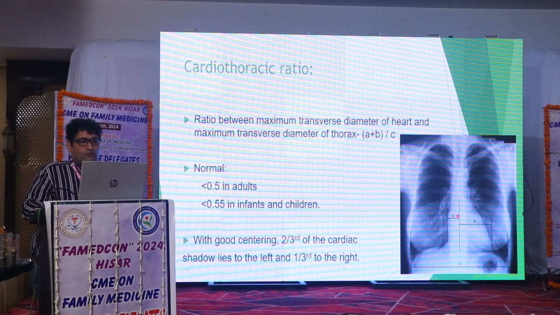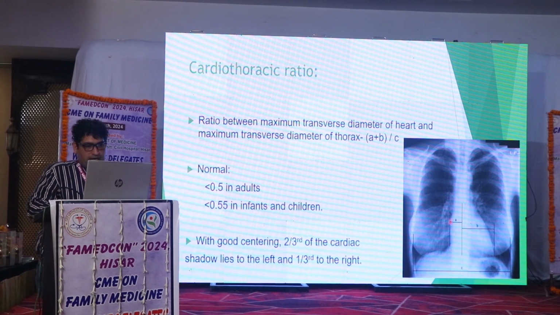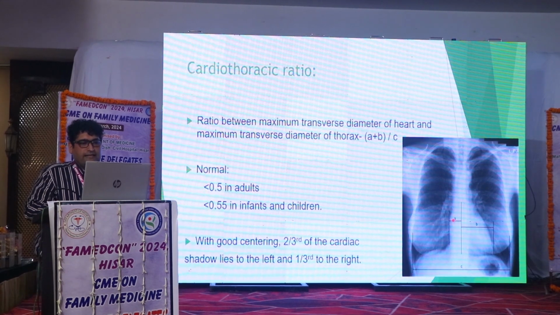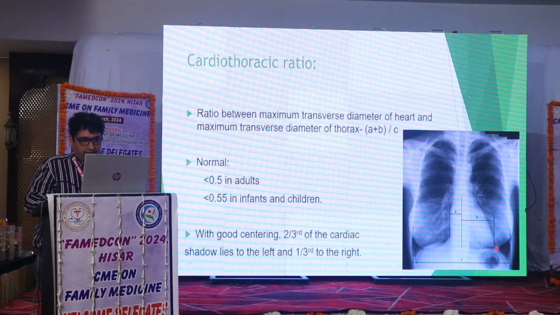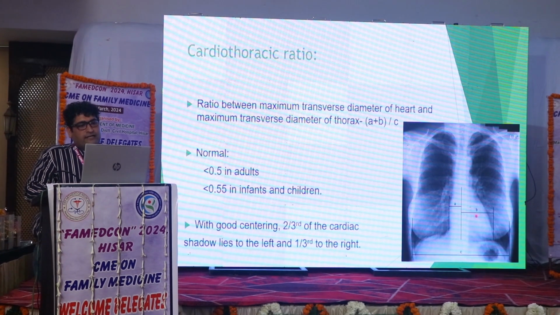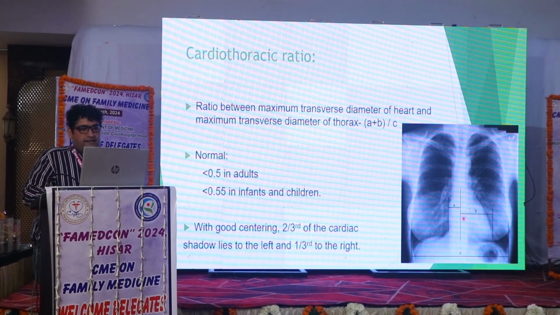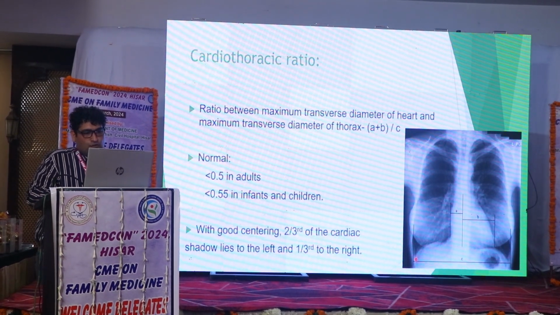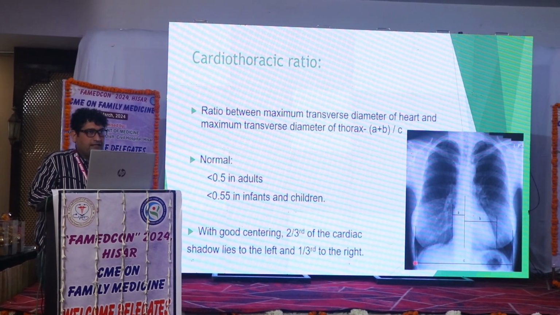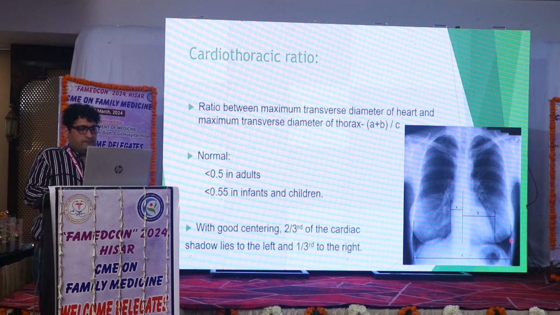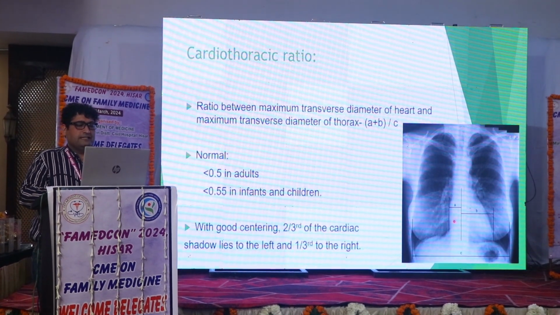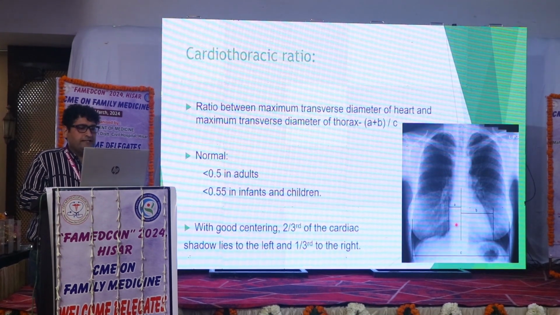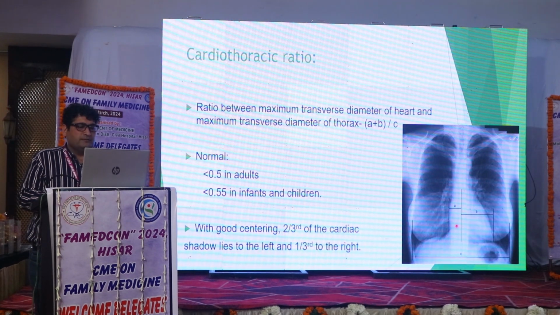From the midline, whatever is the extreme right heart border of the patient, you have to calculate this length and consider it as A, as well as the left heart border, whatever is the maximum distance, you calculate as B. So just combine them, A plus B, and divide by the total of these two lines. So what are these two lines? These are the costophrenic angles, the last costophrenic angles, sharp on the right. So you have to calculate these two lines and divide. So this comes as the cardiothoracic ratio. Normally it is less than 50% in adults, and in kids or infants it is approximately 55%.